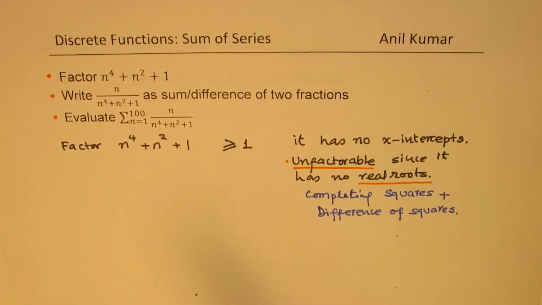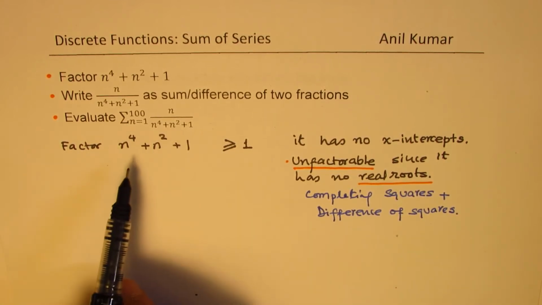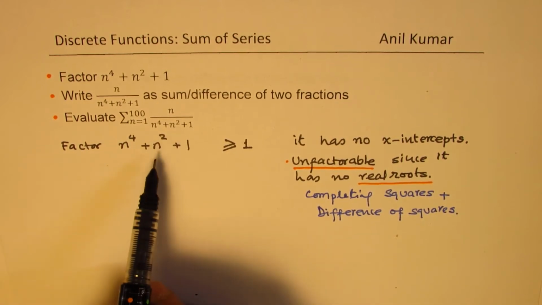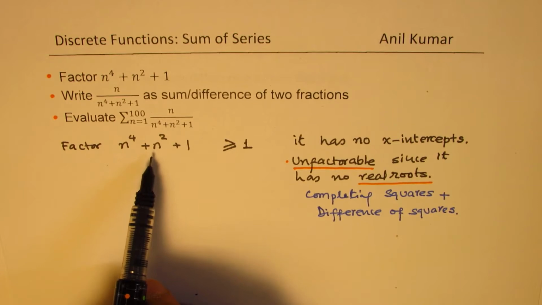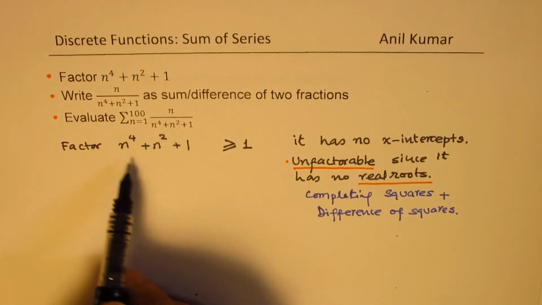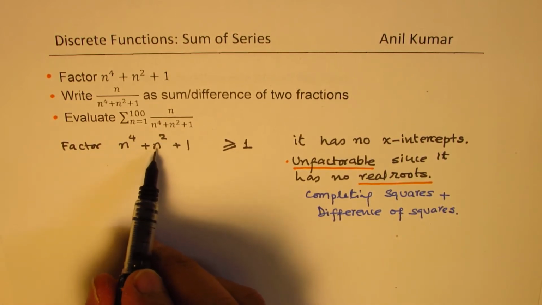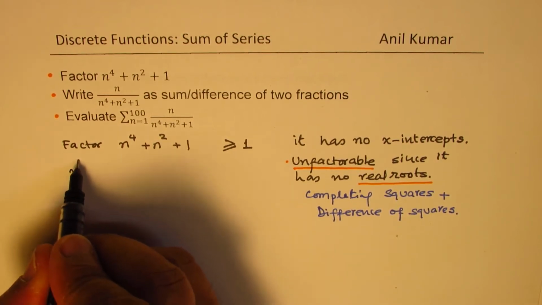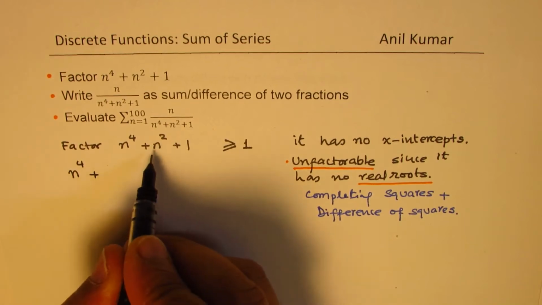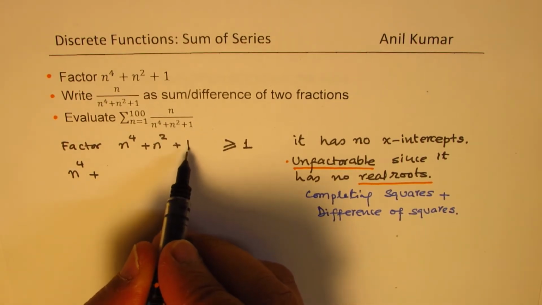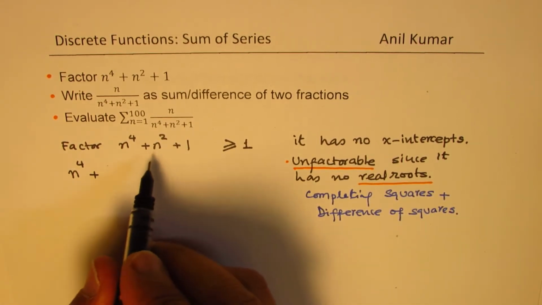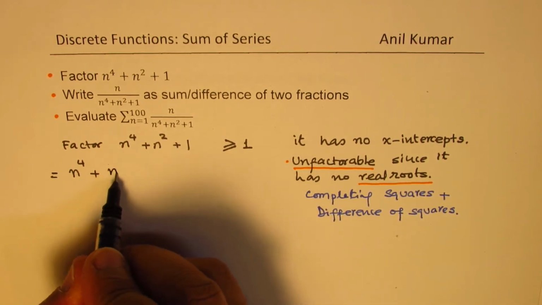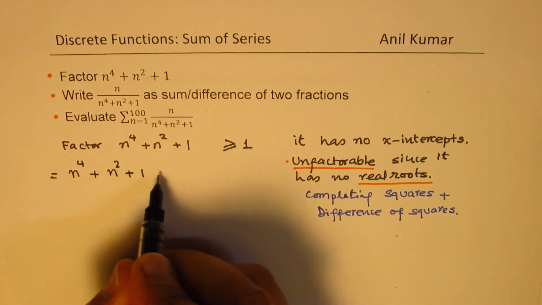We'll see how. So what we see from here, n to the power of 4 plus n square plus 1, we could actually make it a perfect square by adding and subtracting n square. We'll get 2n square, right? So we know that n to the power of 4 plus 2n square plus 1 is a perfect square. So to this trinomial, we are going to add and subtract n square.